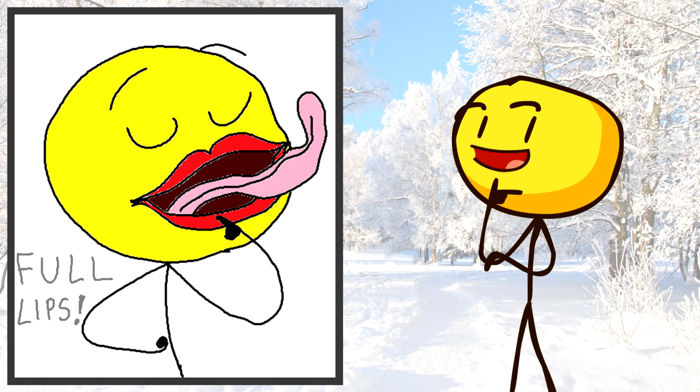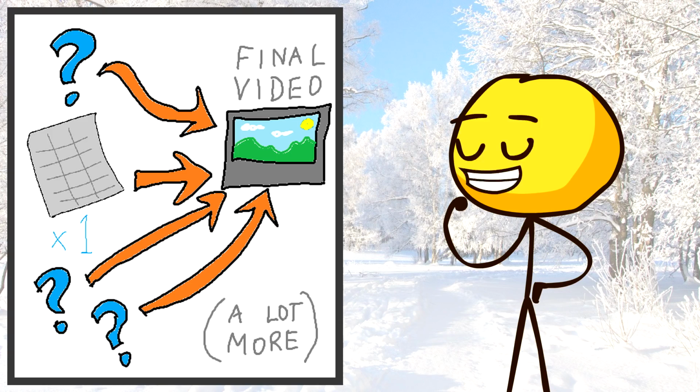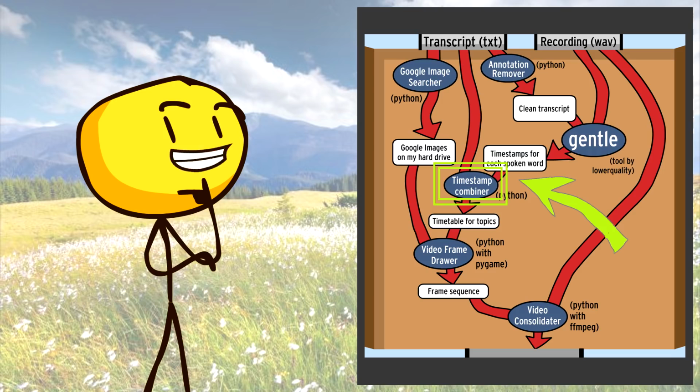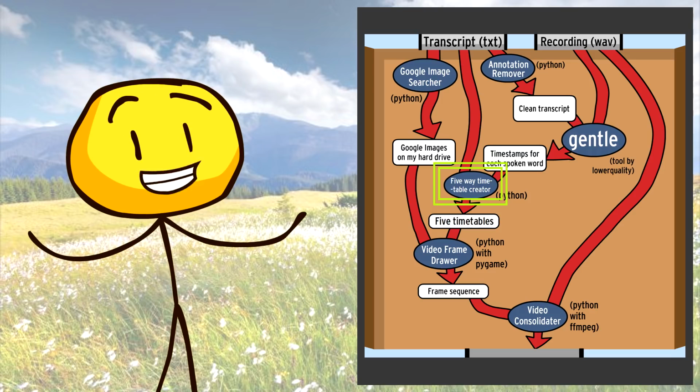But with the goal of having a fully lip-synced character on screen, we're gonna need a lot more than just a single attribute. Long story short, this component is no longer the timestamp combiner, but is now the 5-way timetable creator.